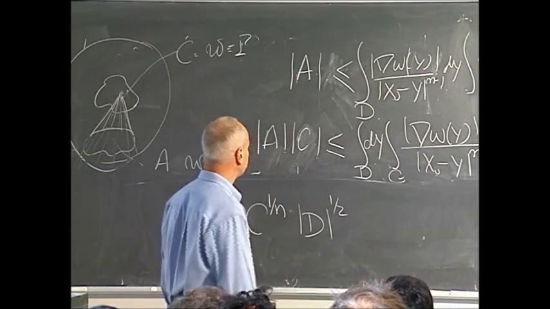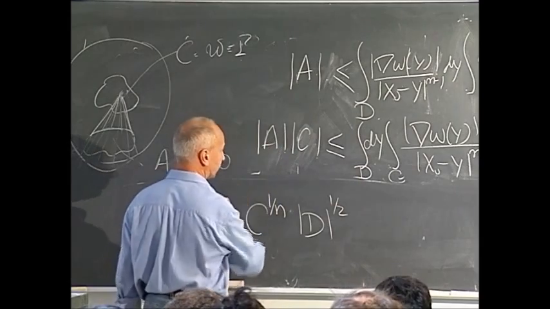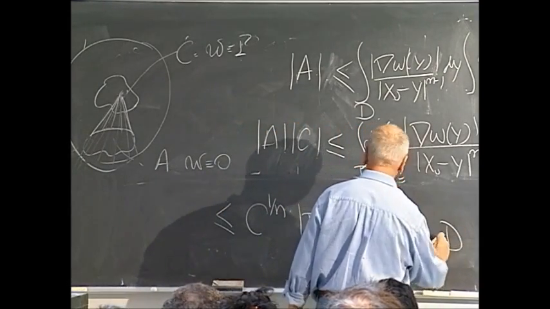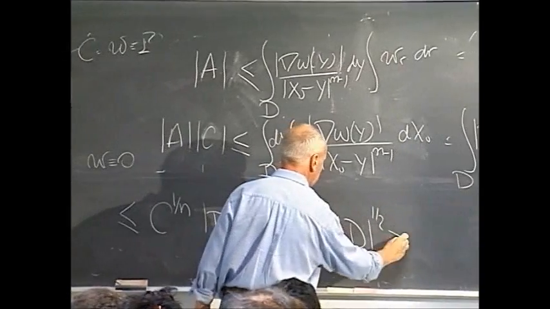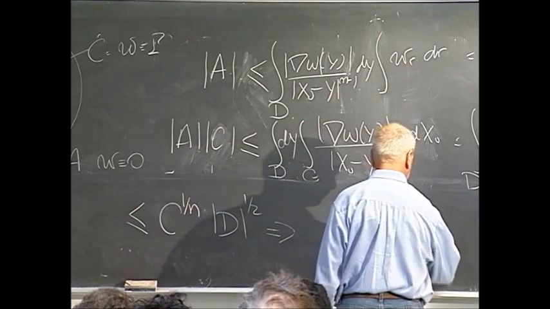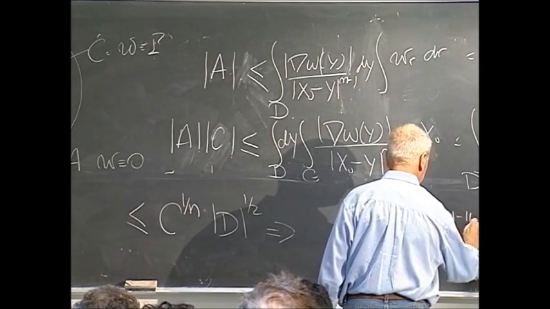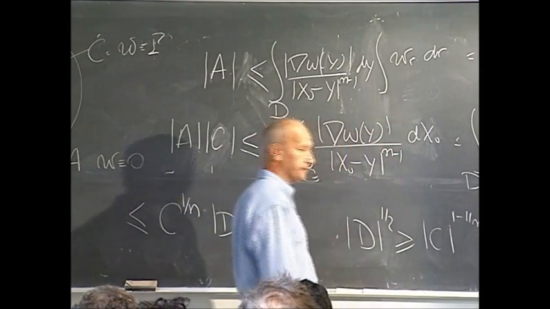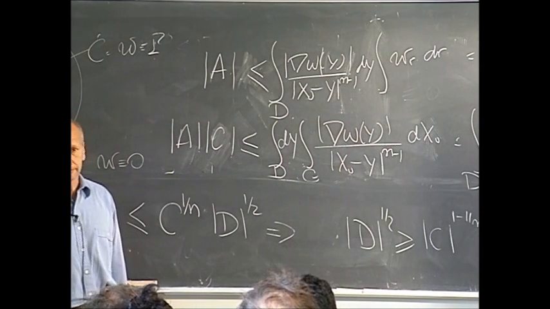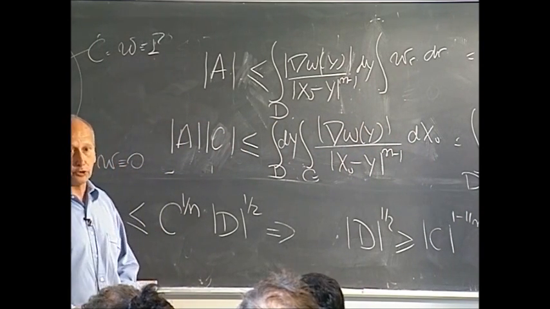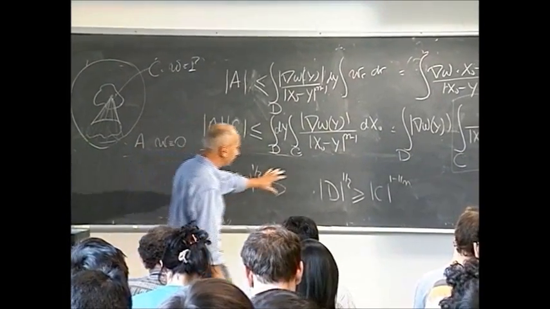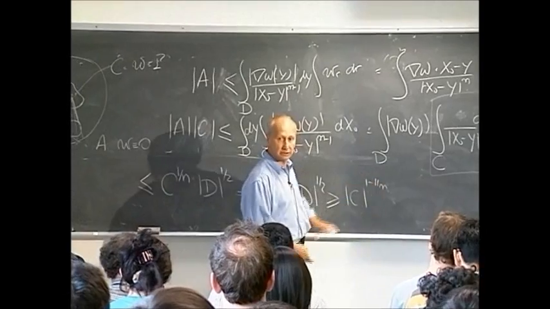Okay. A, we assume that was bigger than 1/2, so this implies that D to the 1/2 is bigger or equal than C to the 1 minus 1 over n. So in order to go from 0 to 1, I need this much room.